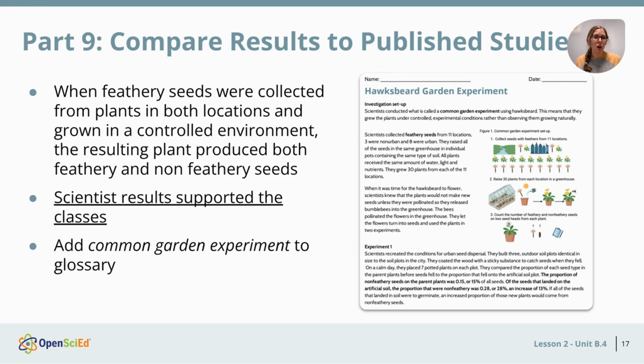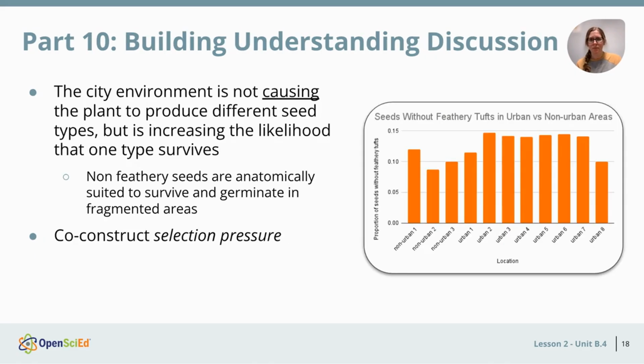And by looking at the Common Garden experiment, the students are going to see that the scientists' results supported our class results as well: that in an urban environment, the proportion of non-feathery seeds that survive is greater than the feathery seeds. And we're going to add Common Garden experiment to our personal glossary.